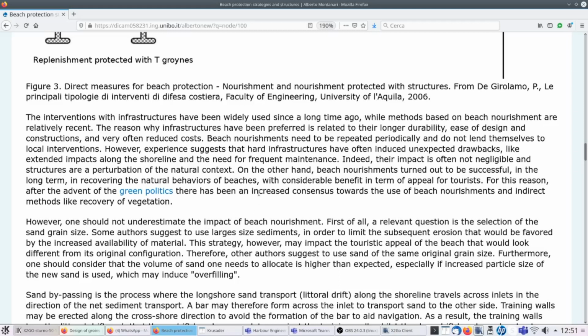So hard infrastructure was preferred at the beginning, but then in the 80s of the last century, green politics emerged. And I suggest you read this Wikipedia article about green politics, because green politics had a considerable influence on engineering practice and on the modern way we design environmental management.